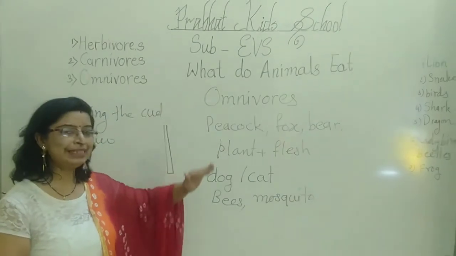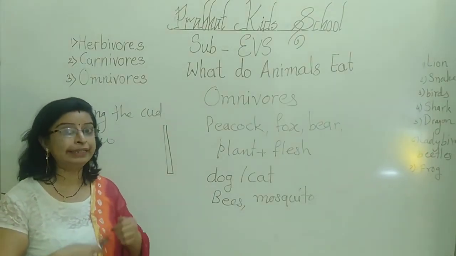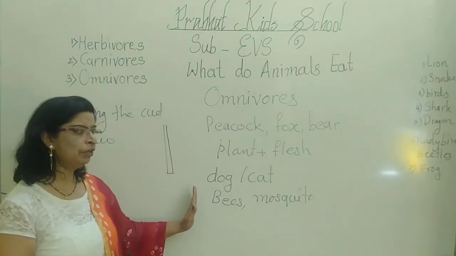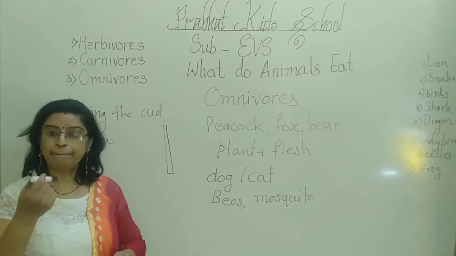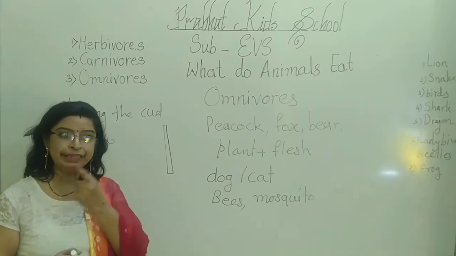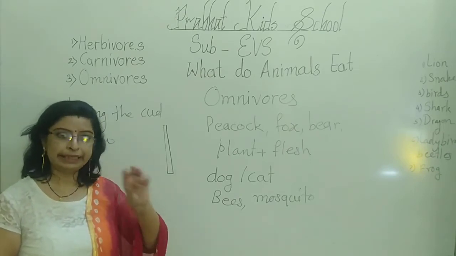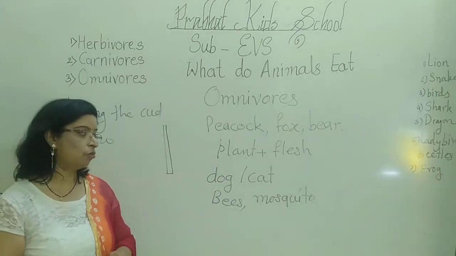All these characters help them to catch their prey and eat the flesh of those animals. Now in the frog, what happens? In the frog, their back tongue is open and front tongue is joined. So they spot the prey, catch the prey, roll the tongue and take it into their mouth.